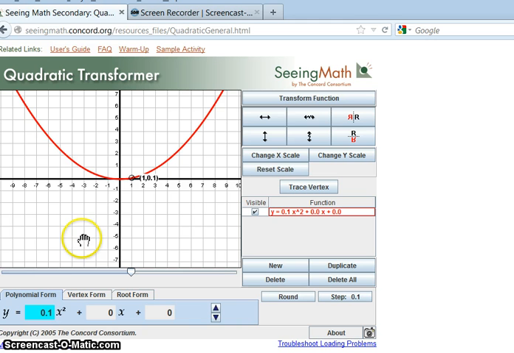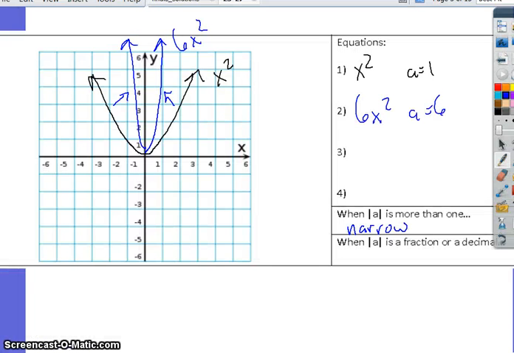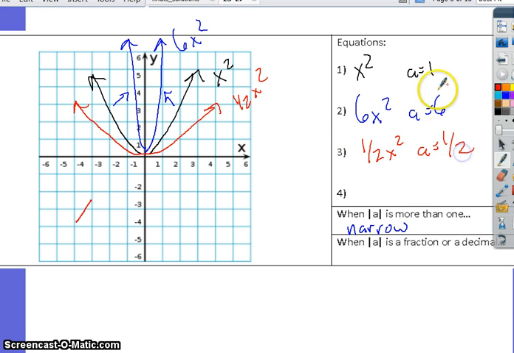All right, so when a is a fraction or a decimal, the two that I showed you were this one here, and that was 1/2 x squared. In other words, a was a fraction, 1/2. Or I also showed you 1/10, which is all the way out here.